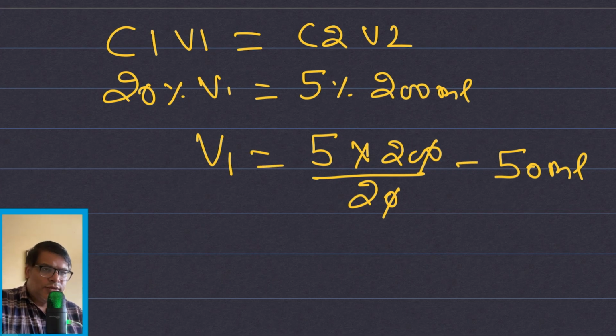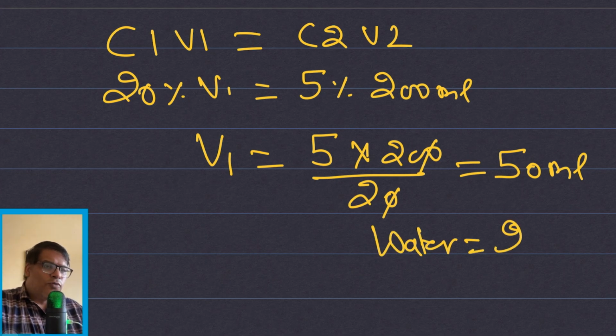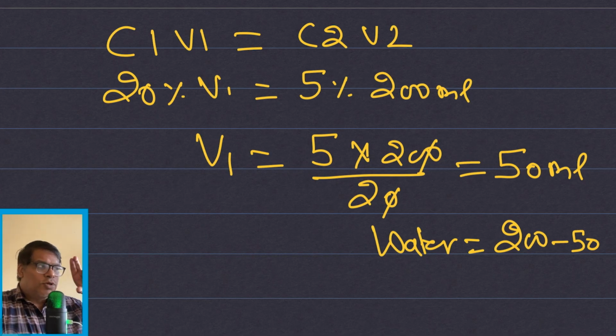Quite easy. So from the stock, it is clear, you will take 50 ml. Now try to see what amount of water you have to add. 200 minus 50, because your final volume was 200.